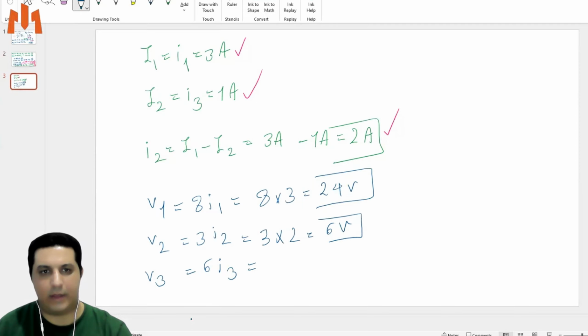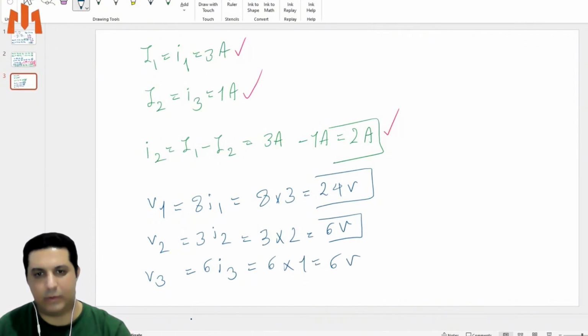And 6 I3, with I3 being 1 ampere, 6 multiplied by 1 is 6 volt.